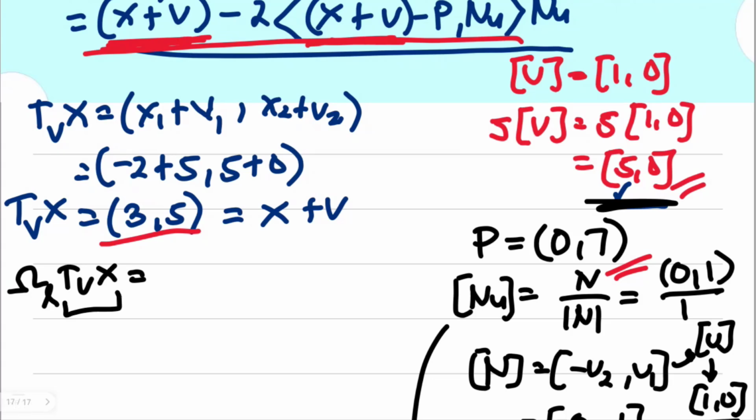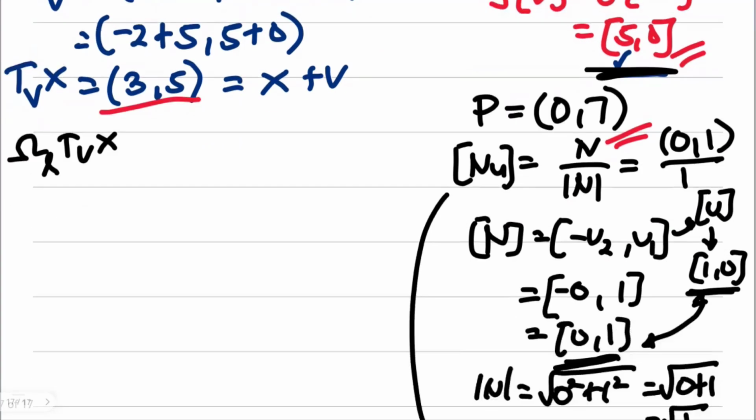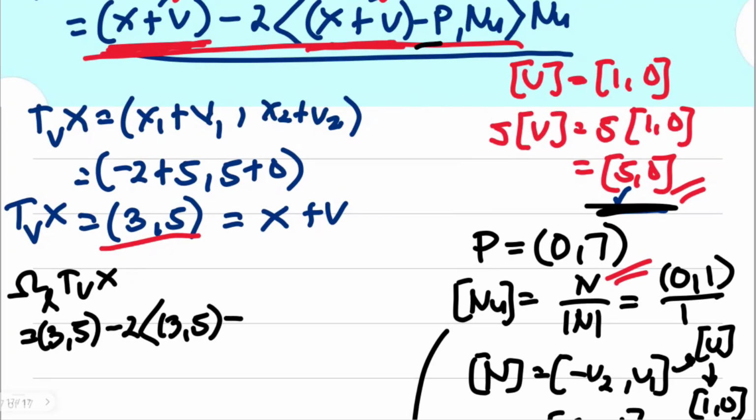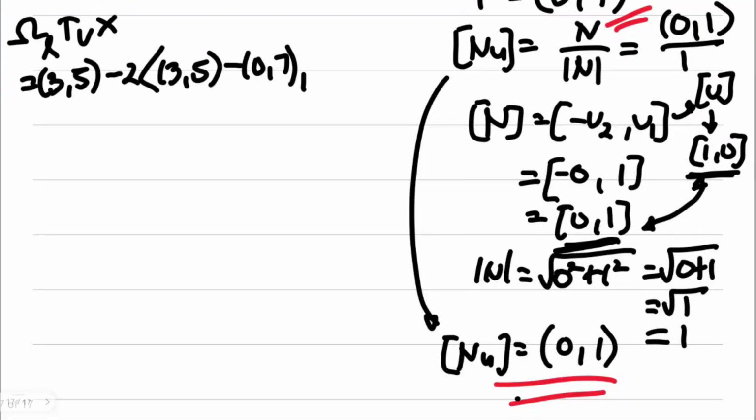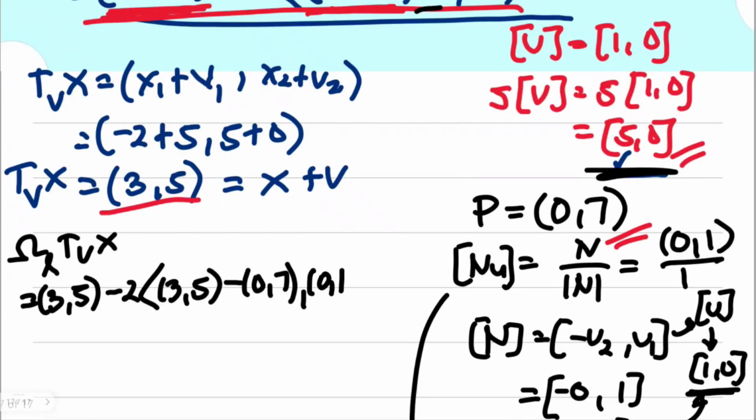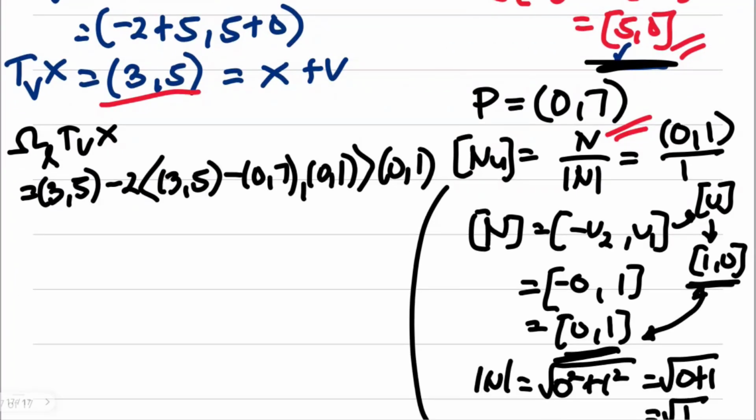So you will have here your 3, 5 minus twice 3, 5 minus your p. So your p is here, 0 and 7, together with your unit normal vector, 0 and 1. Inner product of that, again, times 0 and 1.